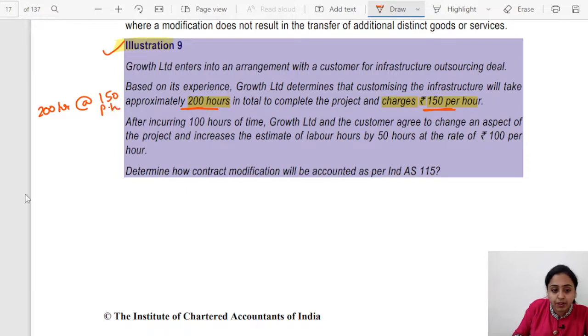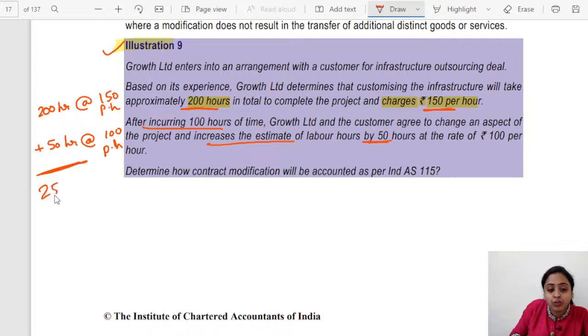Now, after completion of the first 100 hours, Growth Limited and the customer agree to change an aspect of the project and increase the estimated labor hours by 50 hours. Initially it was 200, now 50 hours has been added at the rate of rupees 100 per hour. So it will be a contract of 250 hours now.